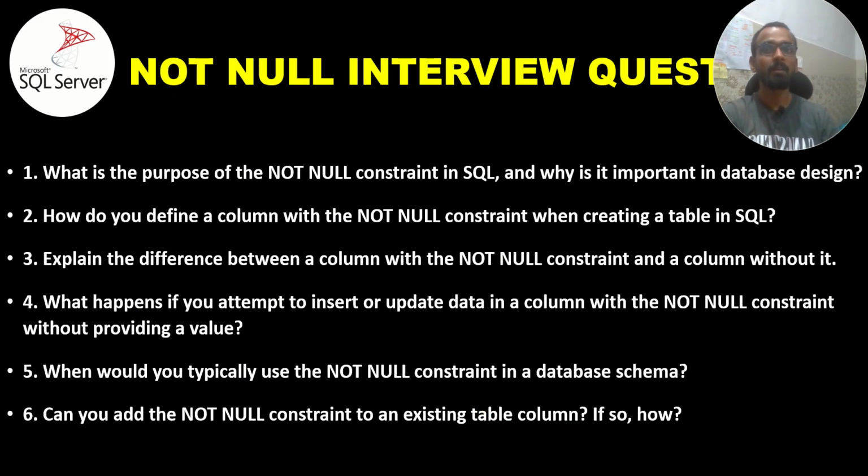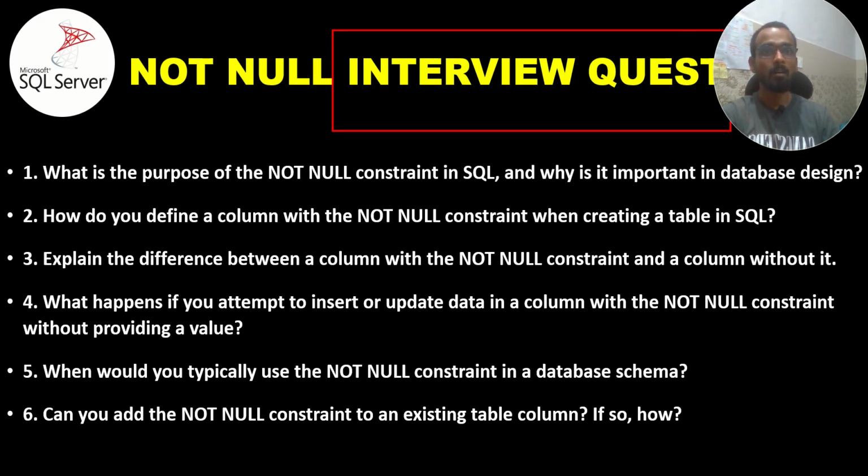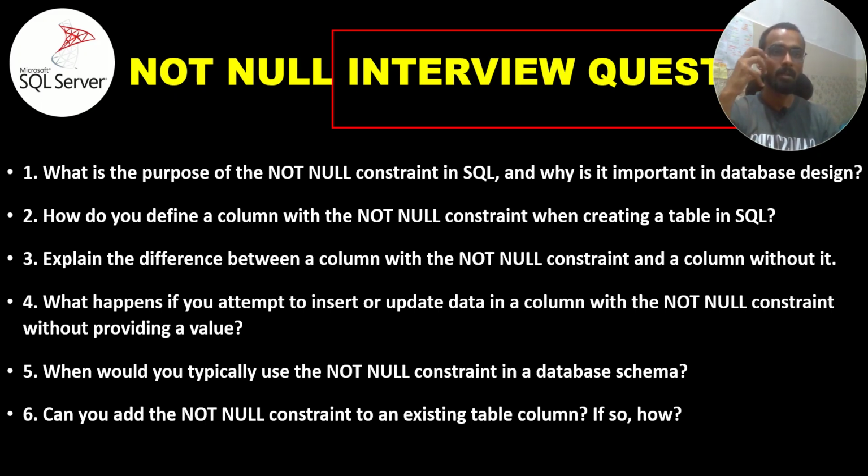We have some interview questions we will be discussing, but before going through them, we will cover some MS SQL part, so we can go through what exactly we are going to do in this interview question session.